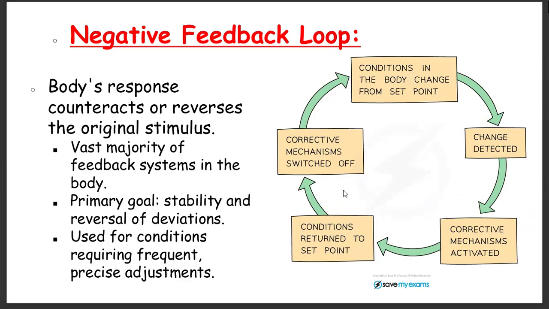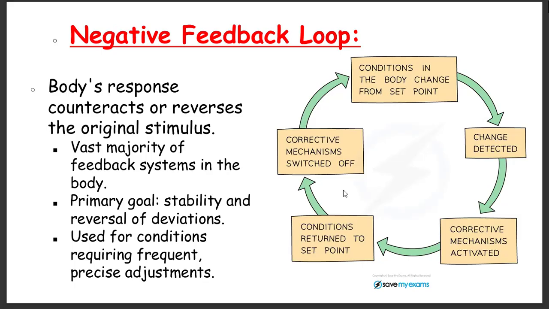So this one that I've indicated here, the negative feedback loop, is actually the main feedback mechanism that the body uses in most of its homeostatic mechanisms. It is the body's main regulatory mechanism for homeostasis. So what happens in a negative feedback loop? Stability is going to be achieved by a reversal of the deviation.